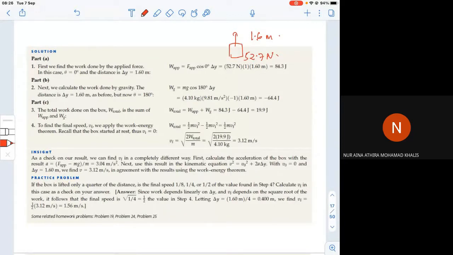Remember we have W equals FD cos theta. F is 52.7, D is the distance, which is 1.6, and theta is 0, and cos 0 equals 1. Therefore we get 84.3. Please take out your calculator and calculate with me. That is the work done by the applied force.